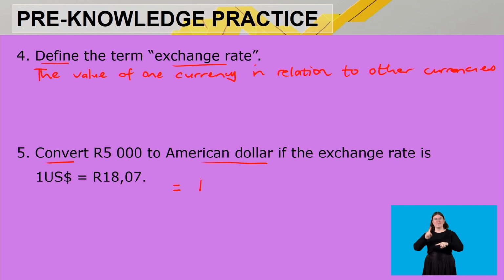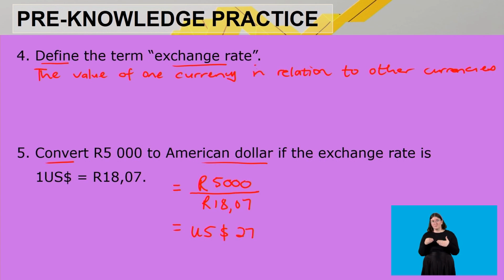So therefore, I'll take 5,000 and I will divide that by my 18 Rand and 7 cents. So please work with me. We type in 5,000 divided by 18.07. So that will give us, and remember now, our unit is American dollar, 276.70 American dollars, rounded off to 2 decimal places.